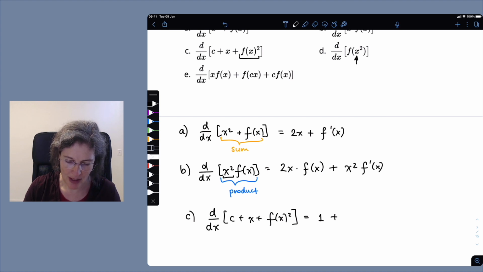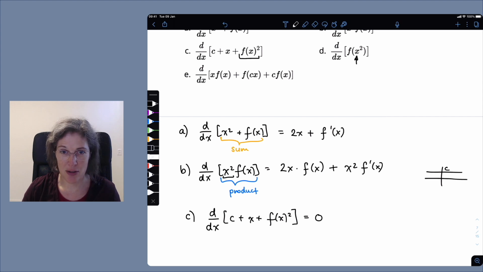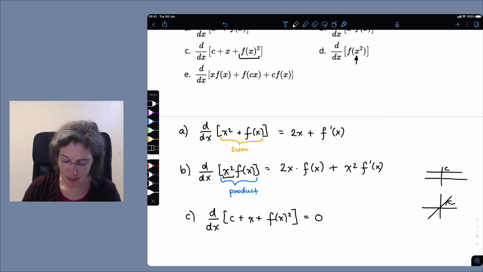I hope you caught that. Derivative of a constant is 0, because if you think about a constant function, that has a 0 slope, if you think about the function y equals x, that has a slope of 1. Okay, so we have a 0 plus 1 plus, and now we need the derivative of this term.